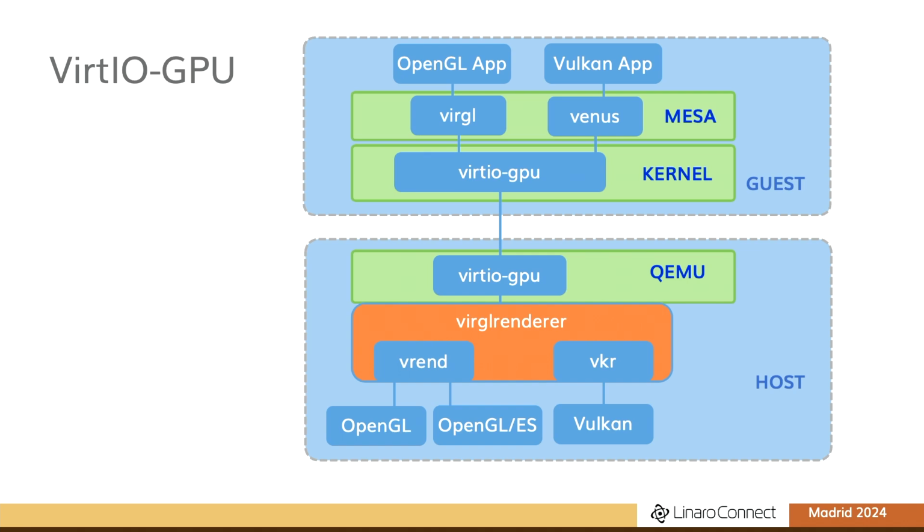So you're relying on the OpenGL implementation, and you're actually getting at this point the GPU acceleration. Talking about Vulkan, the backend in Virtual Renderer is called VKR, and it's mostly just getting the command buffer, deserializing these commands, and then calling the Vulkan implementation on the host.